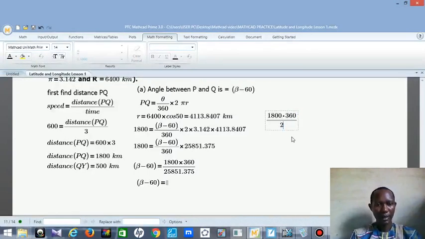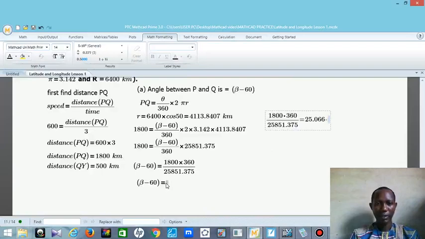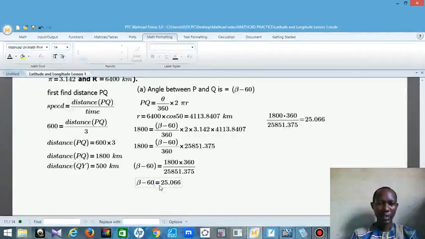We are getting 25.066. So finally, collection of like terms. When you collect like terms, minus 60 will become plus. It will now be beta.